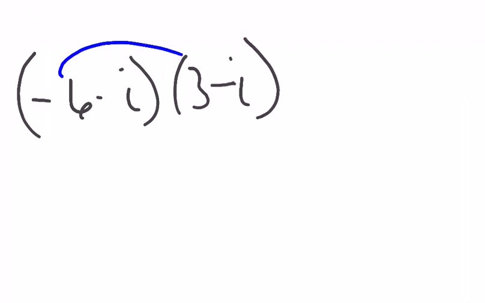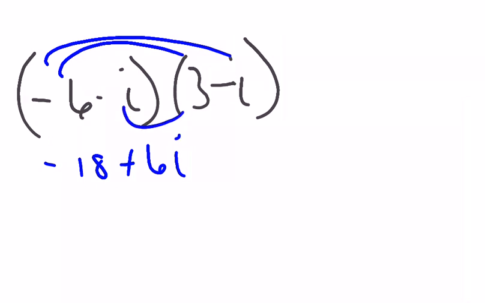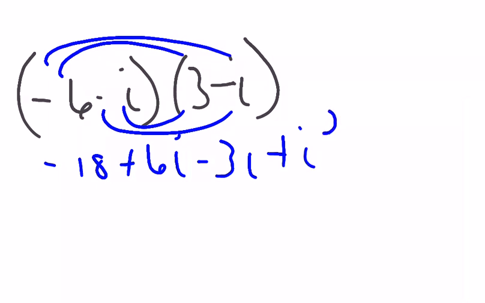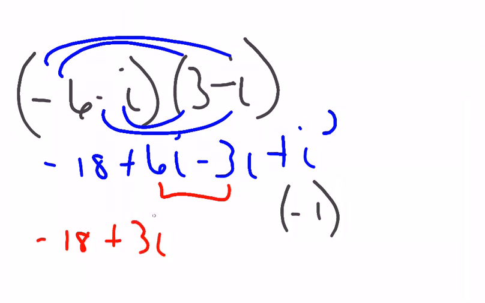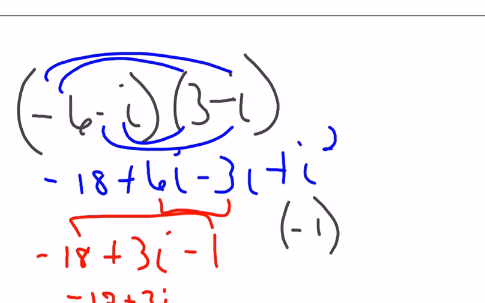So -6 times 3 is -18. -6 times -i is a +6i. -i times 3 is -3i. -i times a -i is a +i squared. But we know that i squared is -1. Now we combine like terms. We have -18 plus 3i minus 1. But now these two can combine, so we get -17 plus 3i.